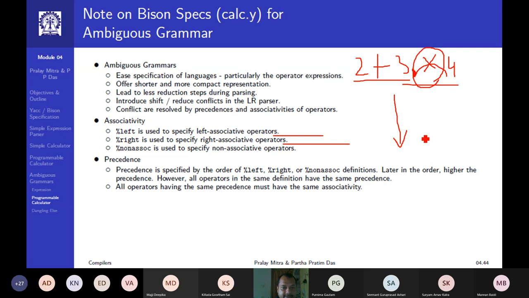However, at each level, all the operators are with the same precedence. For such cases like multiplication and division are with the same precedence. Addition and subtraction both are with the same precedence. Then the discrimination that I need to do is basically using the associativity information.